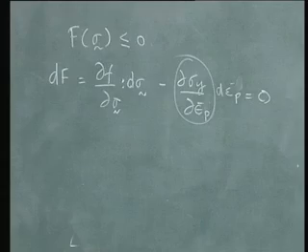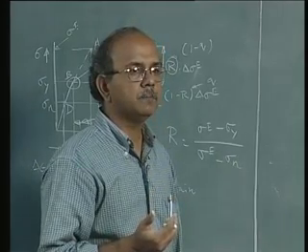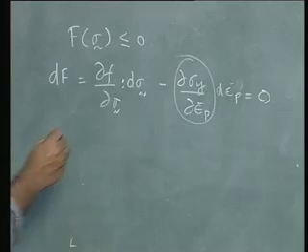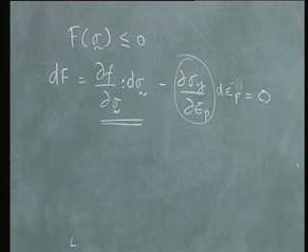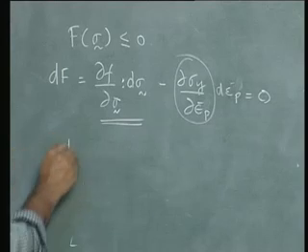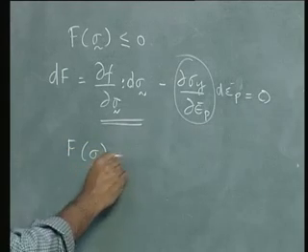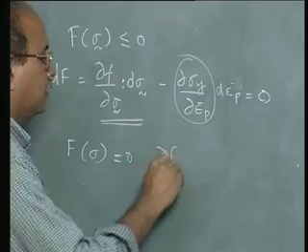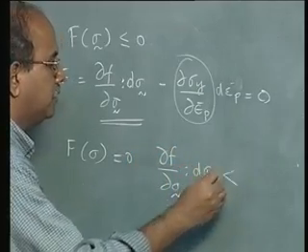So, when do we say I am unloading? Very simple. When I have this to be less than 0. So, let us look at the situation: F sigma is equal to 0 and dou F by dou sigma d sigma is less than 0.